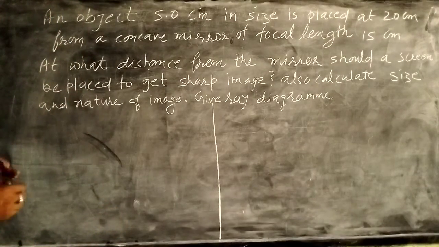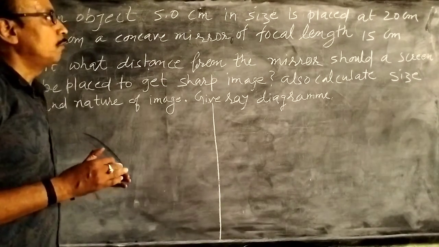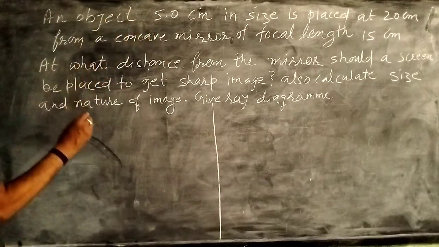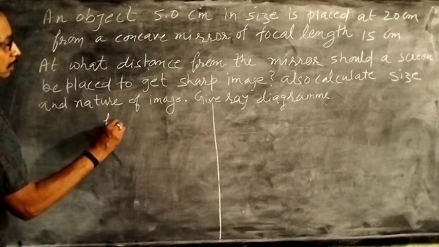So at first we will see what quantities are given. First, object size HO is given.